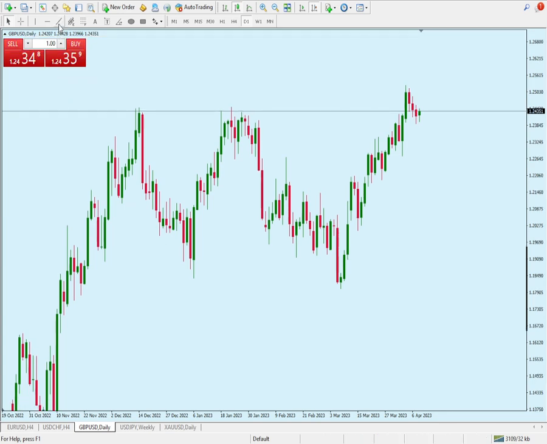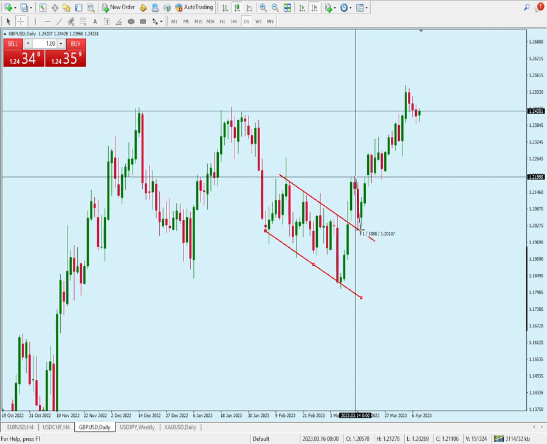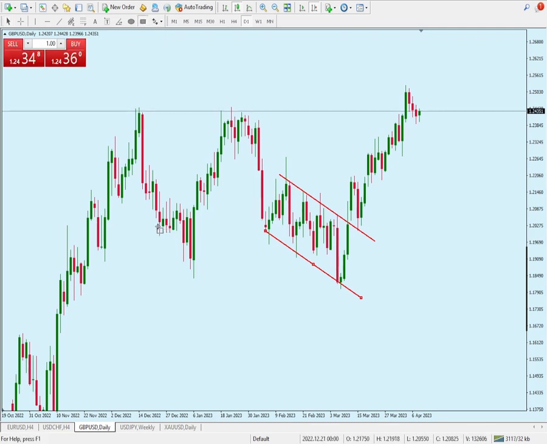A very nice down channel right here. Very nice down channel if you see. Even if you see that on the H4, it will be a very nice one. We have got a breakout and then a retest of the trend and the trend continuation. So for me, this was also a breakout zone all the way from right here.